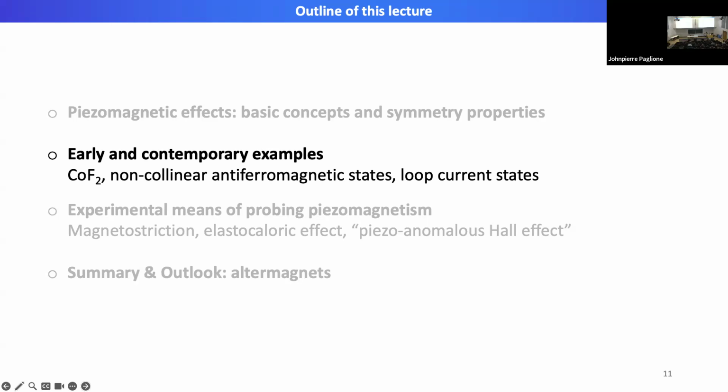I'll start the discussion from the very first system that's discussed for its piezomagnetic properties, cobalt fluoride, and then I'll show you two pretty cool experiments from the field in recent years.